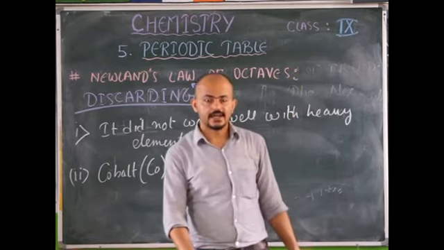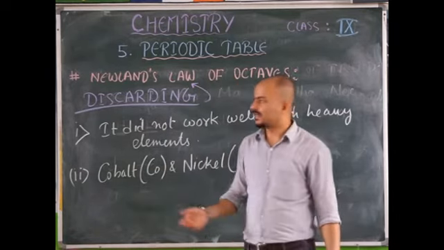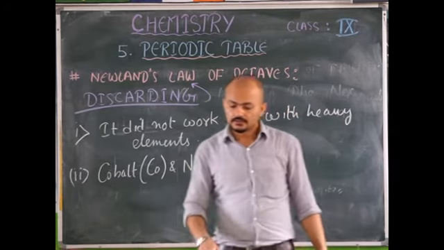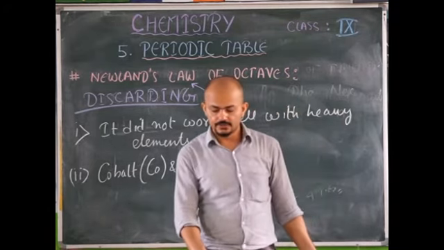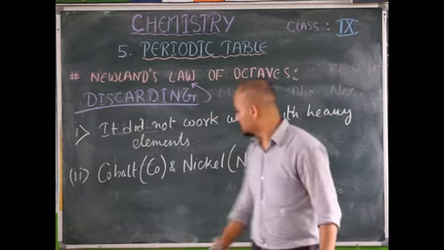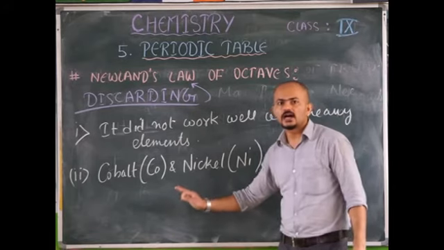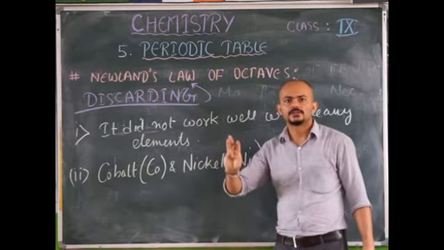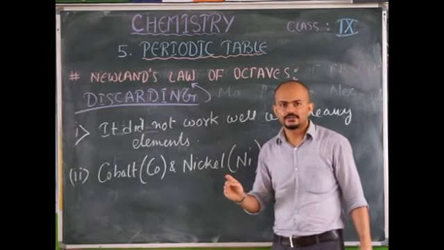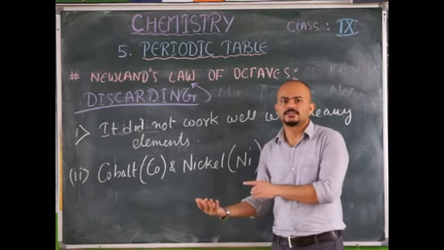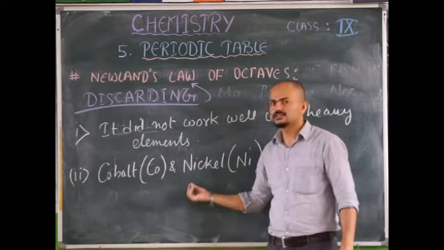The same slot, along with chlorine, bromine, and fluorine, which have very different properties. So these two were placed in the same slot along with fluorine, bromine, and chlorine, which have different properties. Therefore, this is one of the reasons.